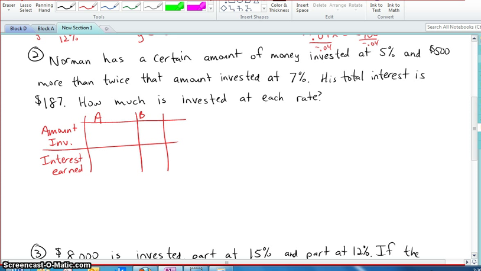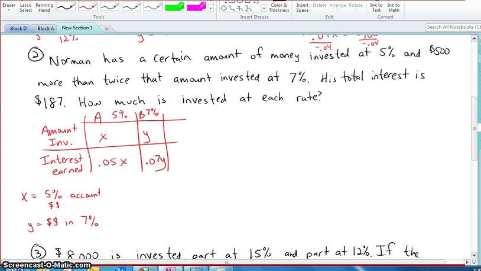So my variables are how much money is in each account. So let's say X is the money in the 5% account, and Y is the money in the 7% account. This is 5%, this is 7%. And now the interest earned is 0.05X, 0.07Y.